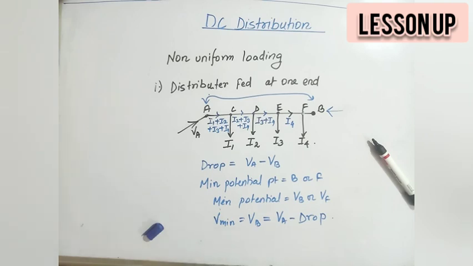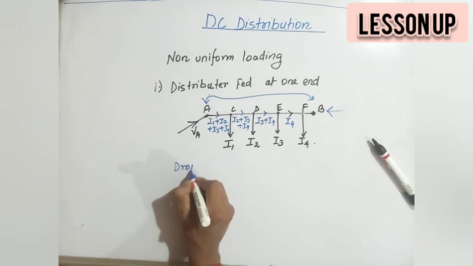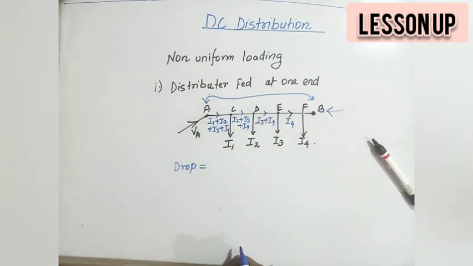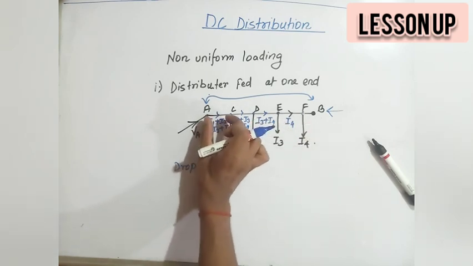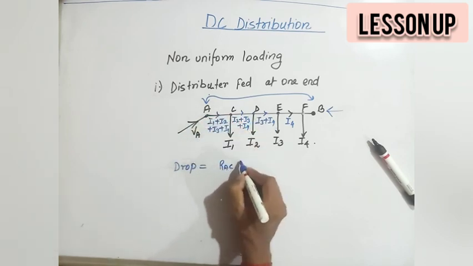Now to calculate the drop between A and B, it will be the summation of voltage drop at each interval. Suppose the resistance between A and C is RAC.